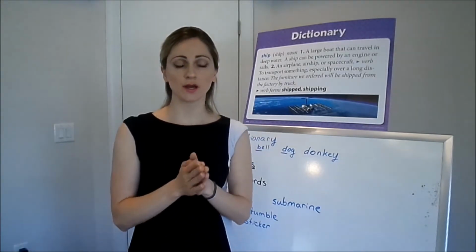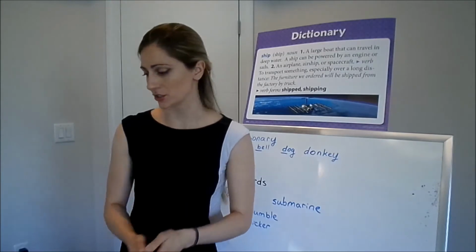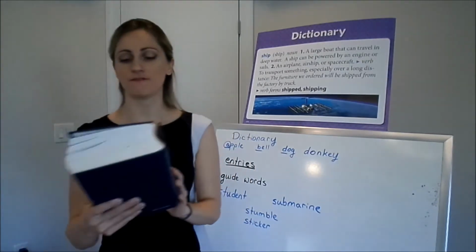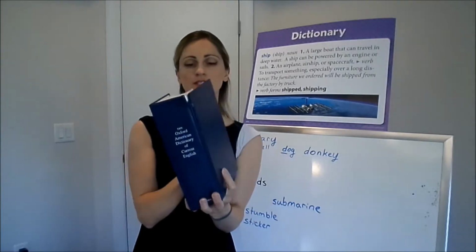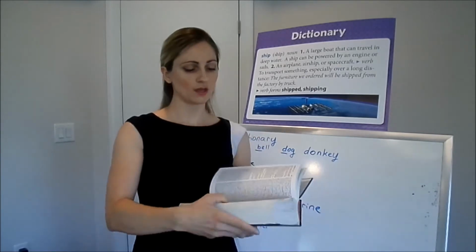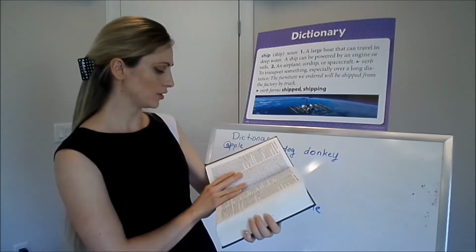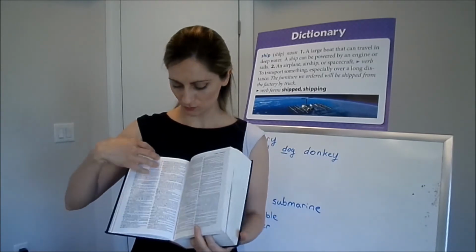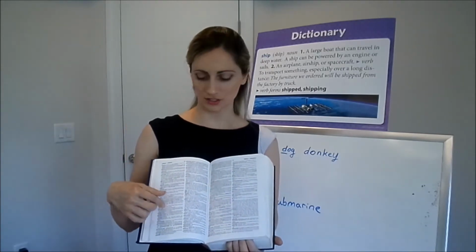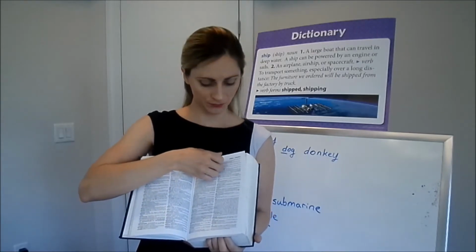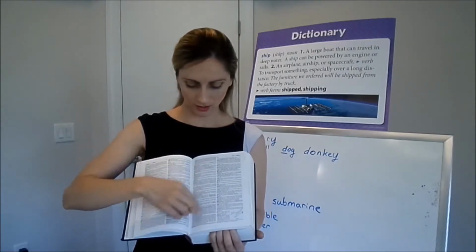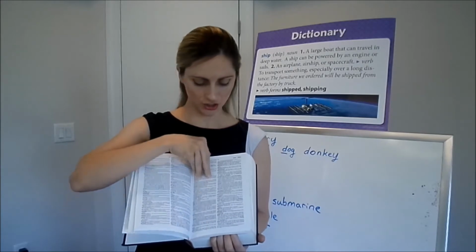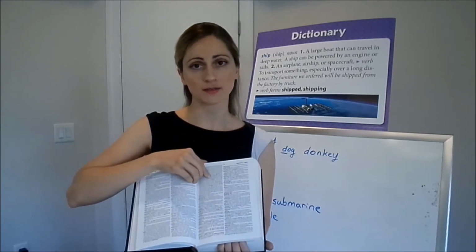Now, if you wanted to find a word in the dictionary, here, take a look at my big fat Oxford Dictionary of the American Language. If you wanted to look up the word comet, you know that the first words in the beginning of the dictionary are words that begin with A. Would you keep looking and reading through every single page to look for the word comet?